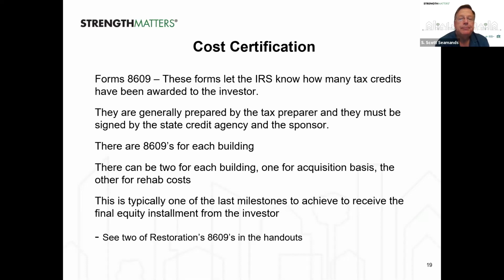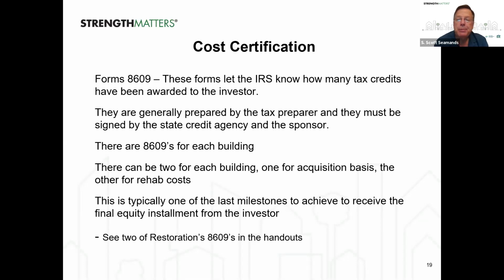So the process is to prepare an 8609 for each building. So each building will have its own form, and there could be two for each building, one for the acquisition and one for the rehab. So remember that schedule we just looked at, which had about 20 buildings for acquisition and about 20 buildings on the rehab page.